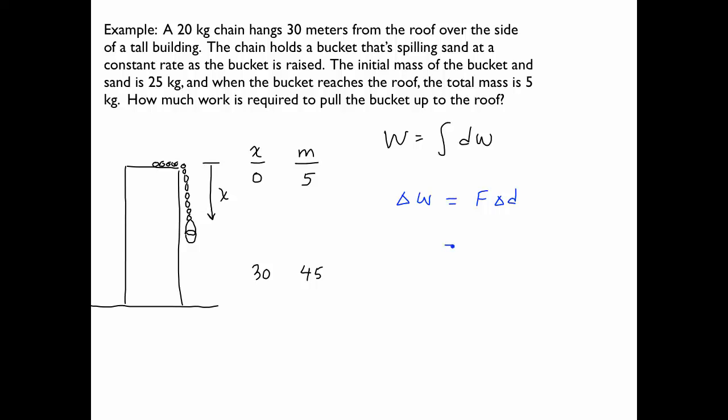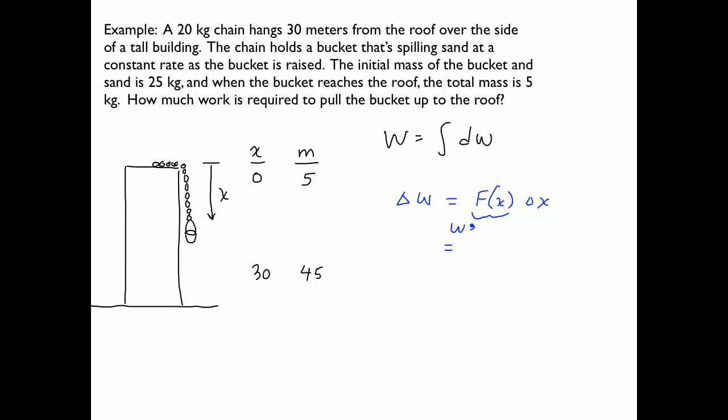Okay, so force is the weight of when the chain is hanging x meters over, right? So this is a function of x, so we could write that here. Force. And so what is this?